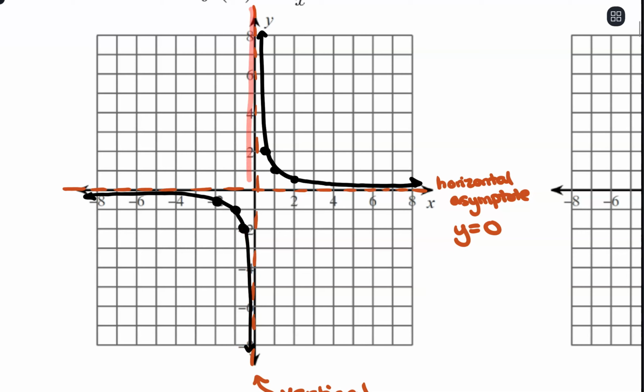So we have this line we can't cross at x equals 0, and then just to the right of x equals 0, we're coming from positive infinity. So you come down from positive infinity, connect with those 3 coordinates, 1/2, 2, 1, 1, 2, 1/2, and then in the long run, our function approaches 0 from above since we're using positive values, and in the long run, our function's just getting closer and closer to 0 from that horizontal asymptote.